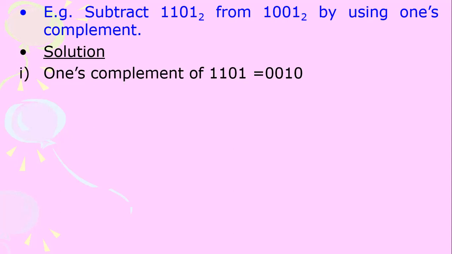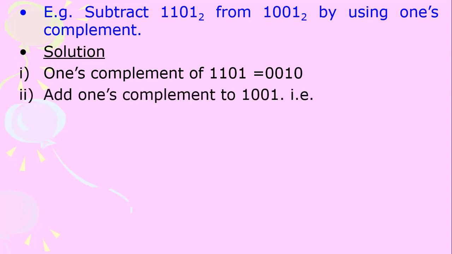That is the ones complement of our large number, the number that we are subtracting from the smaller number. So the ones complement of 1101 is 0010. We change ones to zeros and zeros to ones.